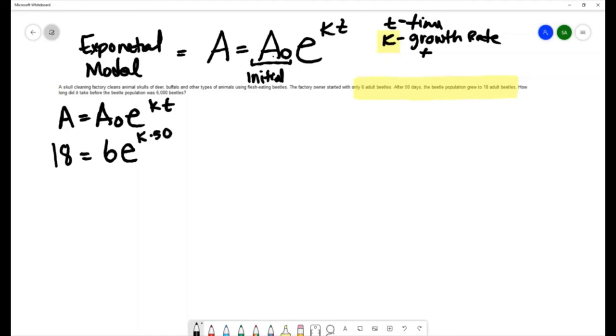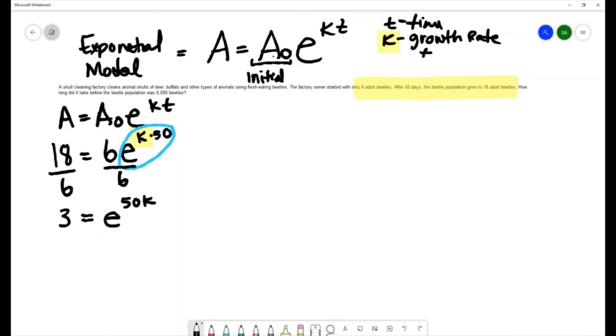So we substitute that time in. We have an exponential equation because our variable is in the exponent, and we're going to solve this equation using the methods of exponential equations. So we start by isolating the exponential part. This part is the exponential part that has our variable, and we want to isolate it. So we're going to divide by 6 to get 3 equals e to the 50k.